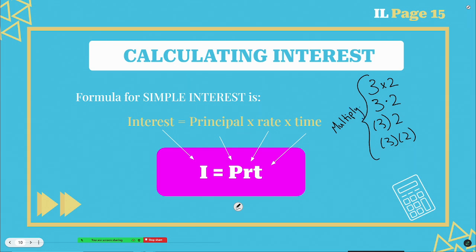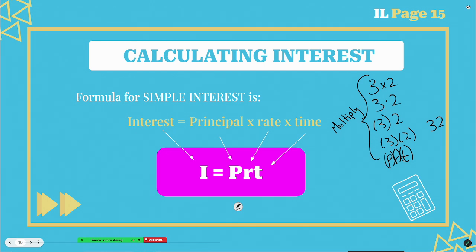Now, here is another one. When you are dealing with just letters, when you're working with algebraic equations, you don't have to put a bracket in between them. We can say PRT, and it means P times R times T. If we were to not have the brackets when we're writing numbers, 3 times 2 without the brackets just looks like 32.